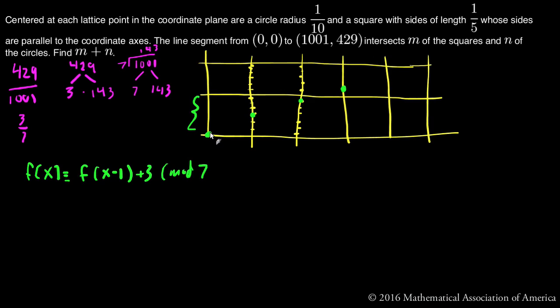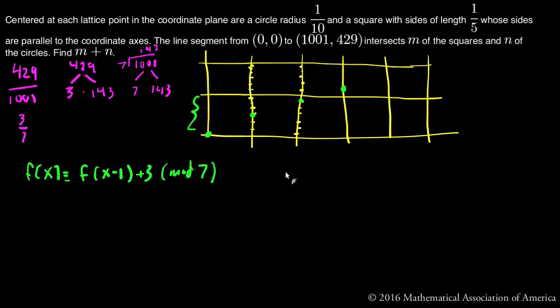And so it's going to start 0, 3, 6, 2, 5, 1, 4, 0. So the next time it's going to hit is out here at (7, 3). That should not be surprising with a slope of 3/7.